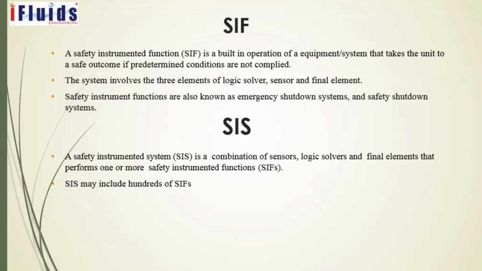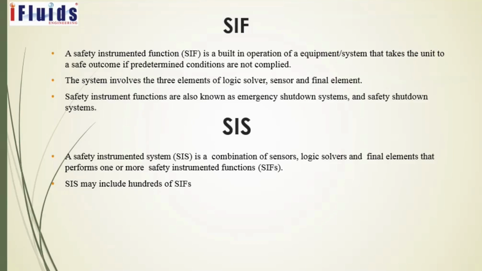This tank is supposed to operate at a certain level, so for that we have a control valve and a level indicator. The level indicator gives a signal to the control valve to open or close to maintain that level. The predetermined condition is to maintain the tank level at 80%, let's suppose. In case the level goes down or up, what is this control valve supposed to do? It is supposed to open when the level is low and close when it is high. So this small loop is called the SIF.